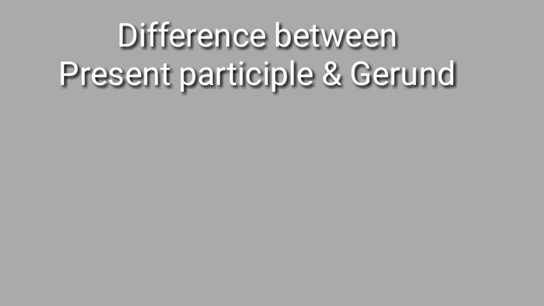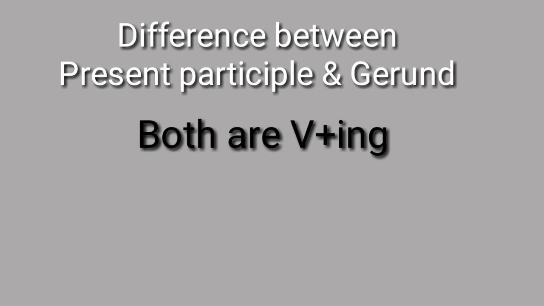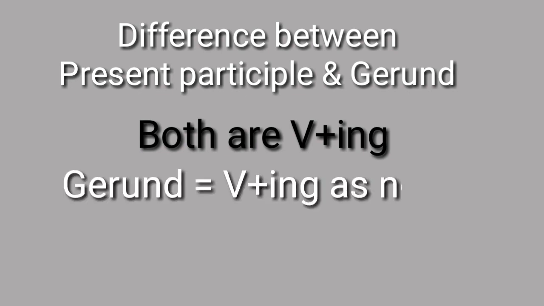The difference between present participle and gerund. Exactly, both are verb plus ing. But what is the difference between gerund and present participle? Gerund is verb plus ing as noun. Those are used either in place of subject or in place of object.